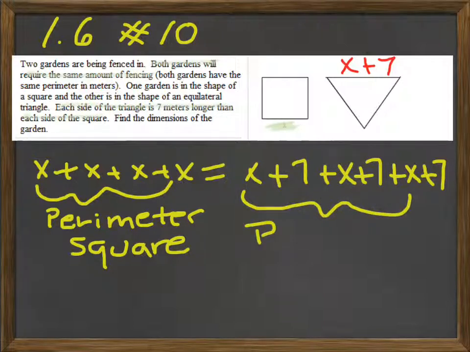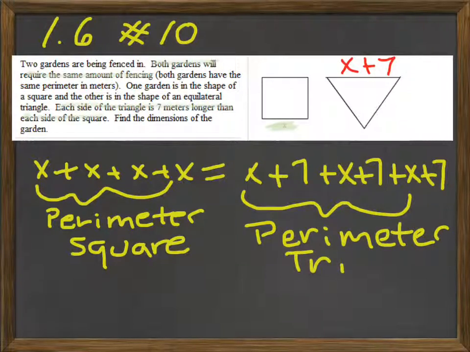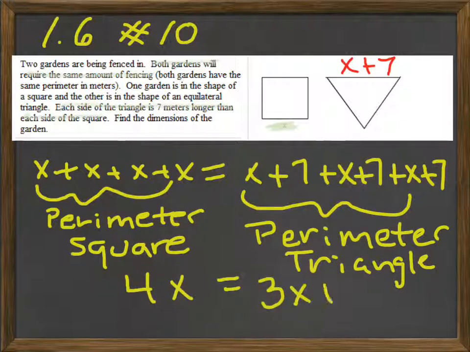This gives us the perimeter of the triangle. And so if I combine like terms, I get that 4x is equal to 3x plus 21.